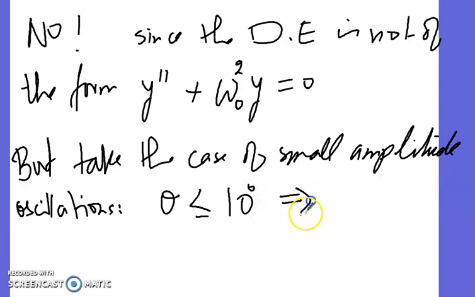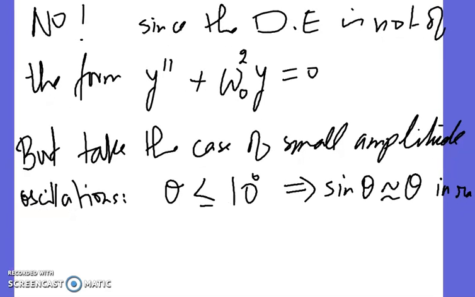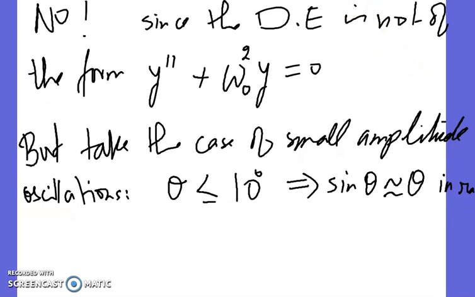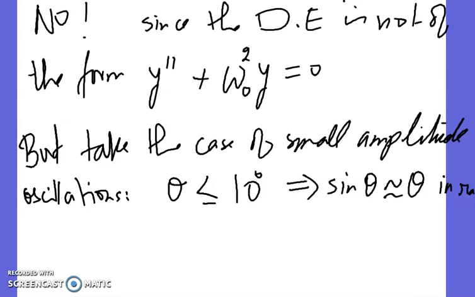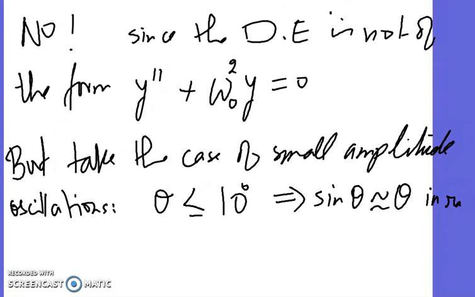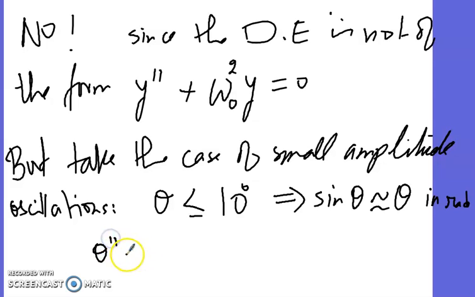In this case, I can make the approximation: sine theta is approximately equal to theta in radians. You can make sure of this from your calculator. Okay? So replace it now in the differential equation. We get theta double prime plus g over L theta equals 0.